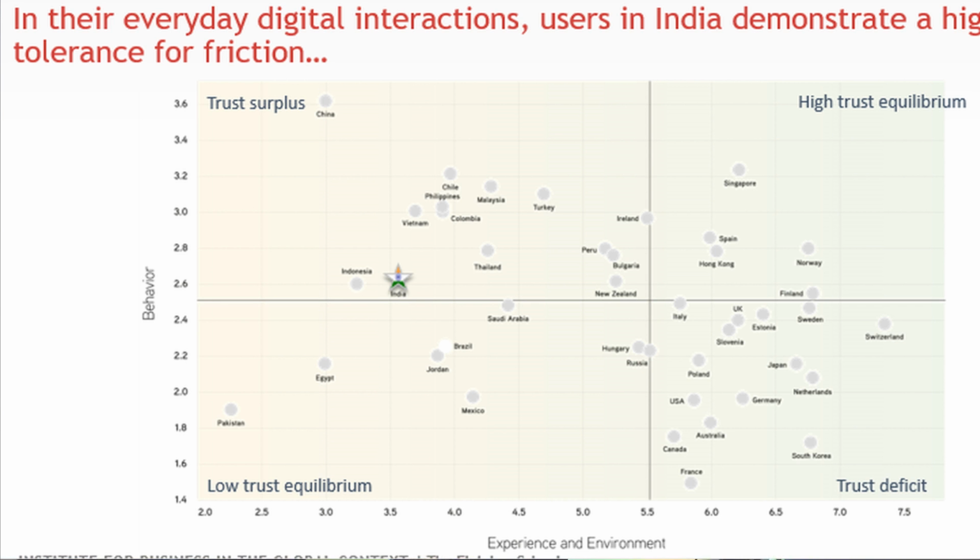So there are a whole bunch of countries here that are highly trusting, but in untrustworthy environments. A complete paradox. And when I look at the countries, it's countries like China, Vietnam, Chile, Philippines, Malaysia, Colombia, Indonesia, India, Thailand. And at the other end of the paradox are countries like South Korea, France, Australia, Germany, and Netherlands, very trustworthy environments, but people don't trust things at all.